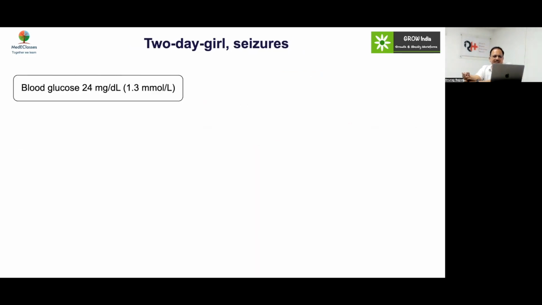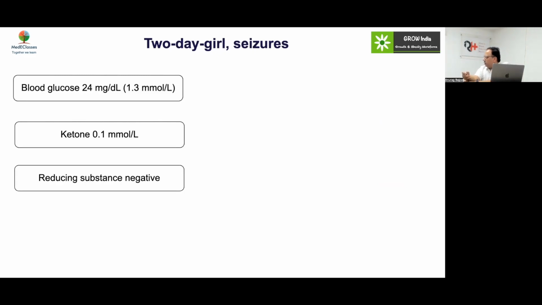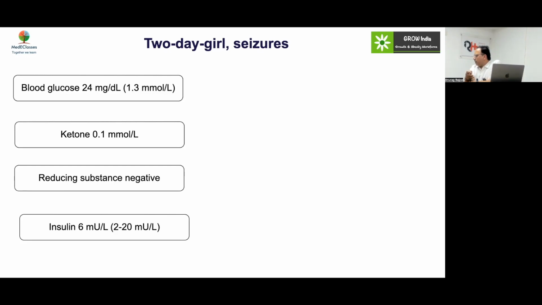2-day-old girl with seizures, blood sugar is very, very low. Ketone is 0.1. Reducing substance is negative. Insulin is high. What are you thinking of? Ketone is negative and reducing substance is negative, so hyperinsulinism. What would you like to do in terms of workup and treatment?